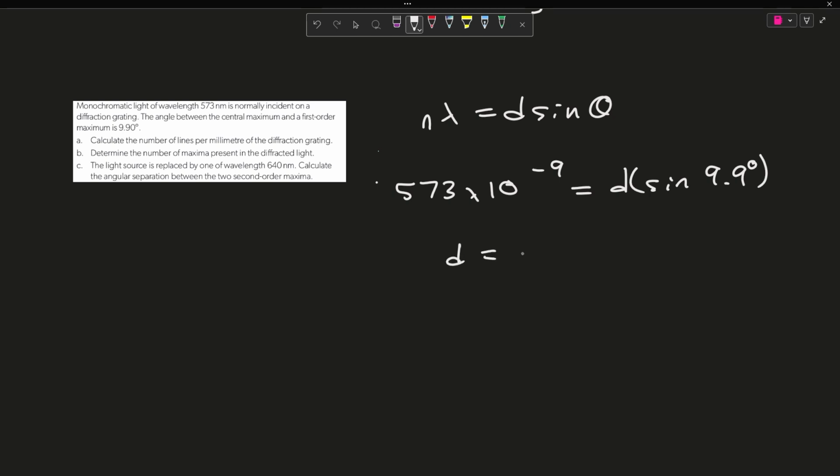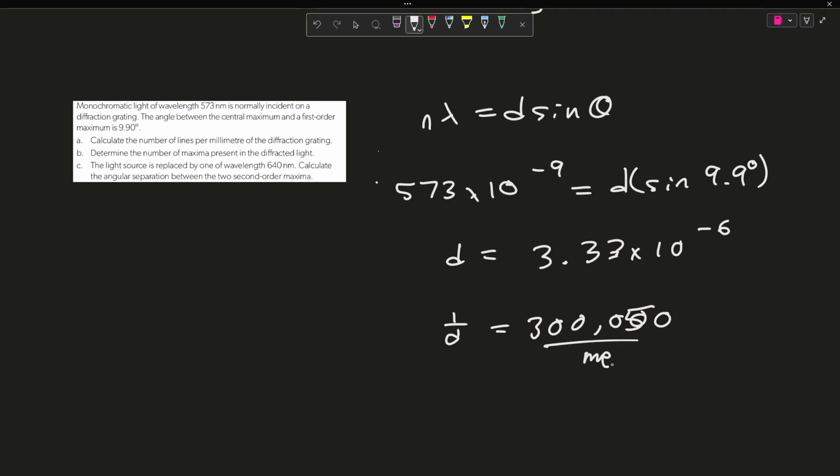So d is equal to 3.33 times 10 to the minus 6, and 1 over d, which is the number of lines per meter, is about 300,000. But this is per meter. So per millimeter, just divide by 1,000, and there are about 300 lines per millimeter.